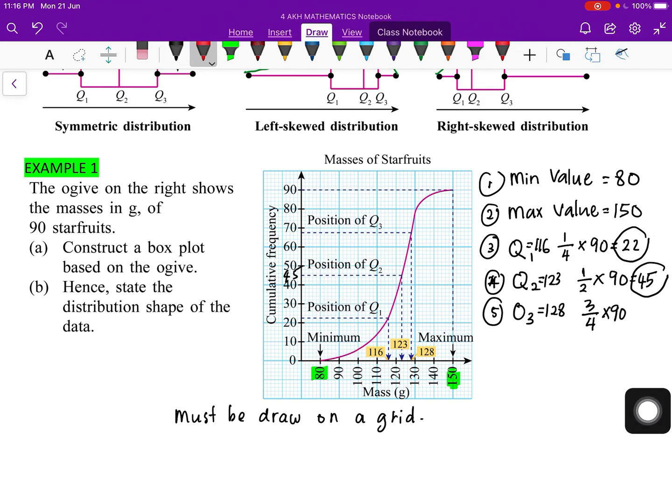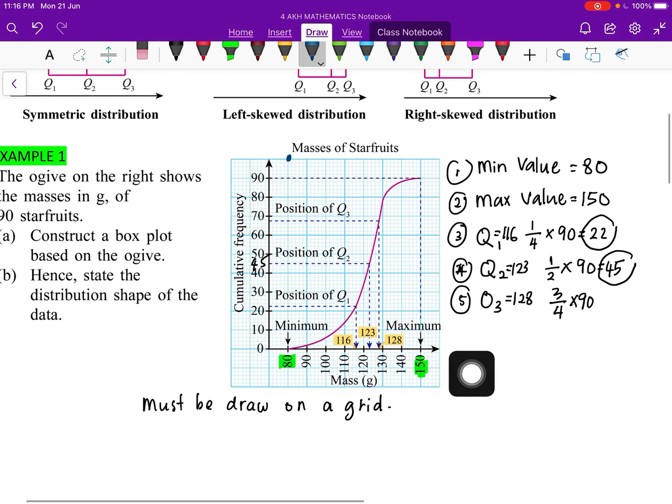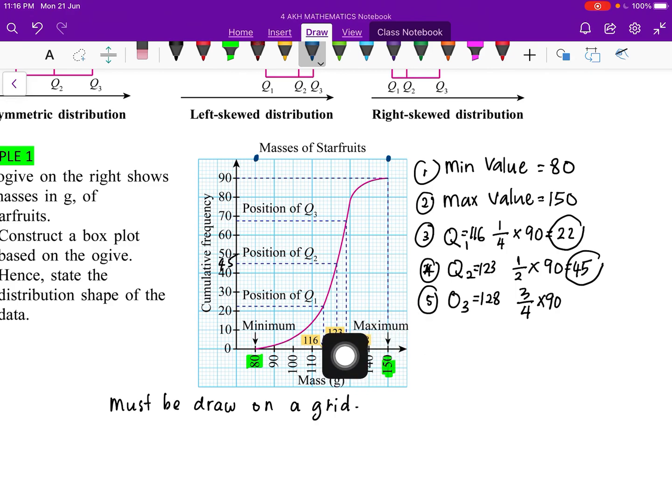Okay, so I'm gonna use this. So minimum value titik sini. And then our maximum value. So I'm gonna put one dot here. First quartile is 116. So daripada graph ni 116. So just use the grid. So I will get here. This is my first quartile. And then my third quartile is here.